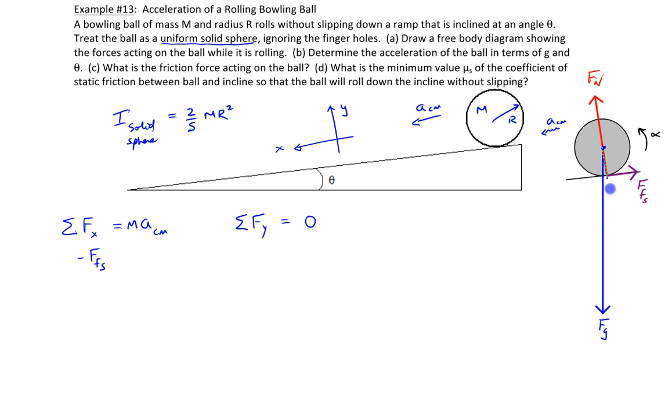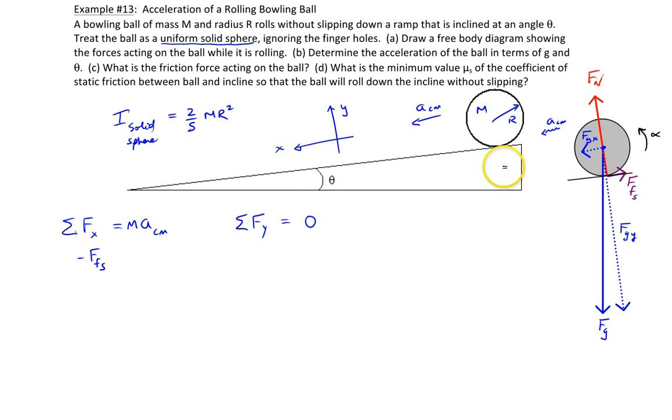We have a component going along the y-axis, which we can call F sub gy. And then we have the x component, which we'll draw up here, going parallel to the inclined plane, and we're going to label that F sub gx. This should actually be larger than this.